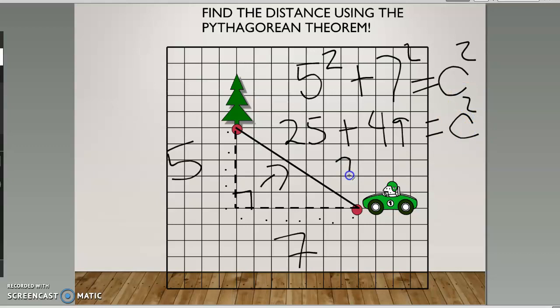I get 74 equals c squared. I don't want c squared, I want c, so I need to take the square root. The square root of 74 is equal to c, and I get 8.6.